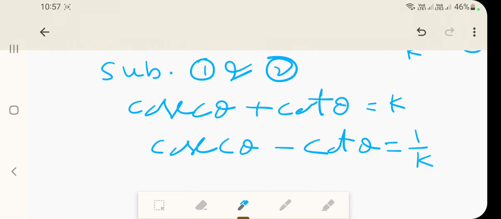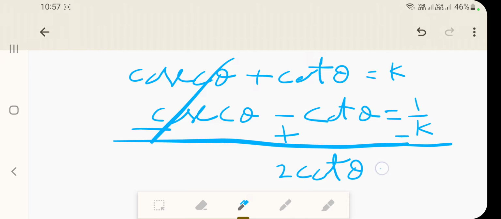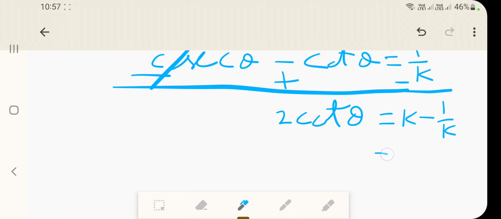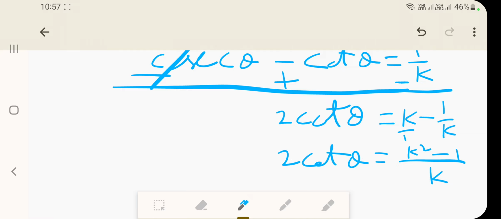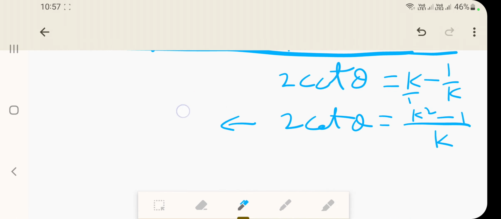Now if you subtract, here we get minus, this minus becomes plus, and here you get minus. So plus cosecant theta minus cosecant theta will get cancelled. We get 2 cot theta equal to k minus 1 by k. I'm explaining a little faster because we have already done something similar to this. LCM is k, and k by 1 we get as k square minus 1. That is, 2 cot theta is equal to k square minus 1 over k. So this we can take as equation number 4.